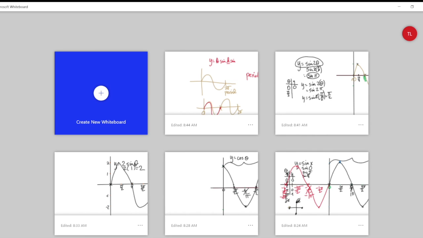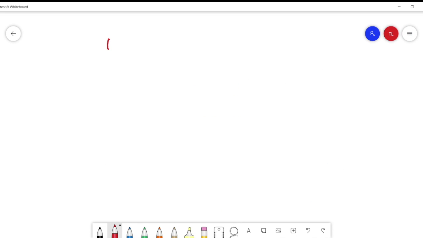I want to graph y equals 3 sine 2x. Now, the first thing, you go to the side and you write the word abbreviated amplitude. Amplitude is the height of your graph.